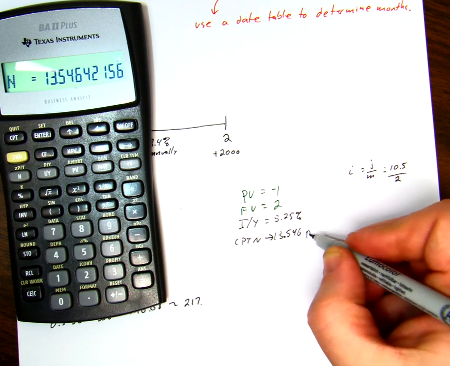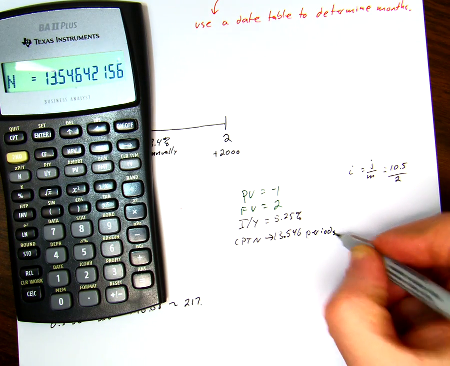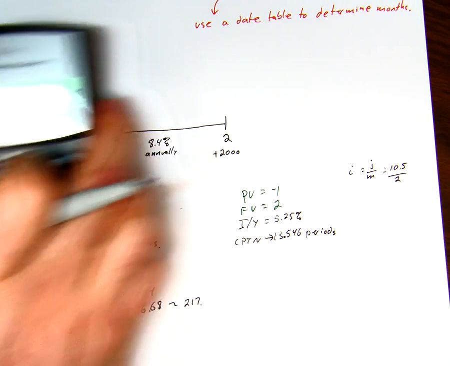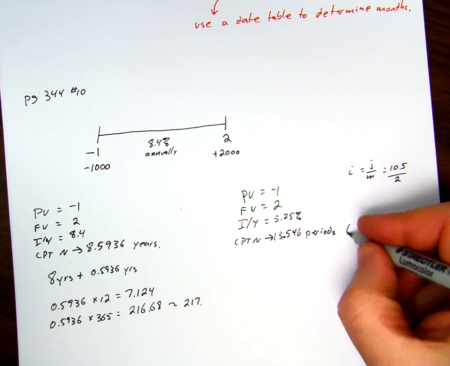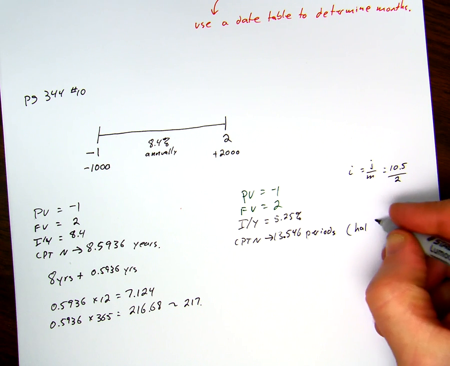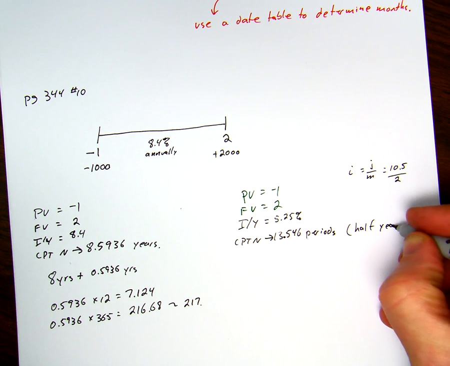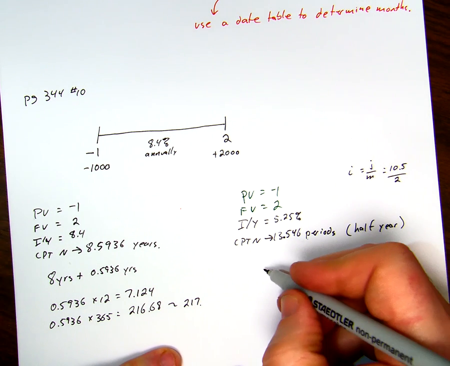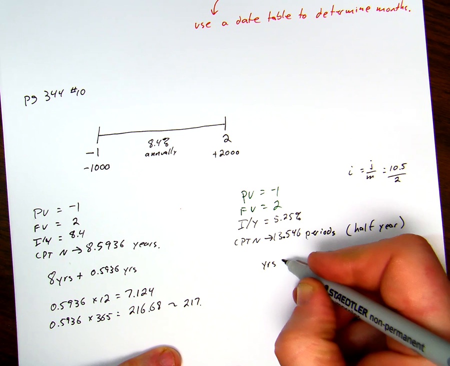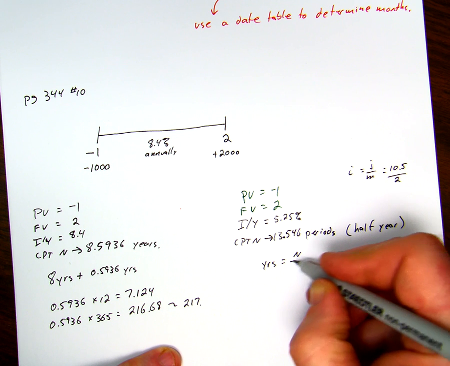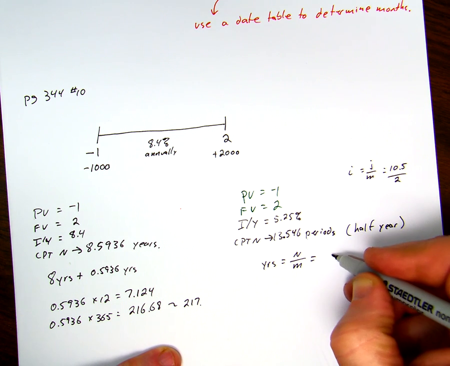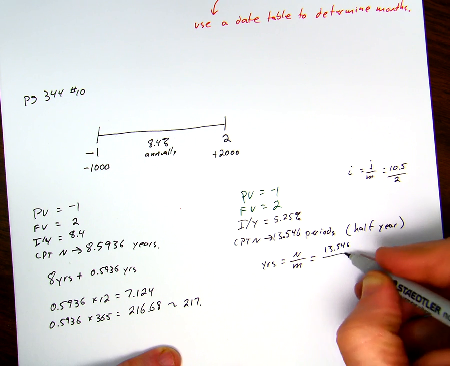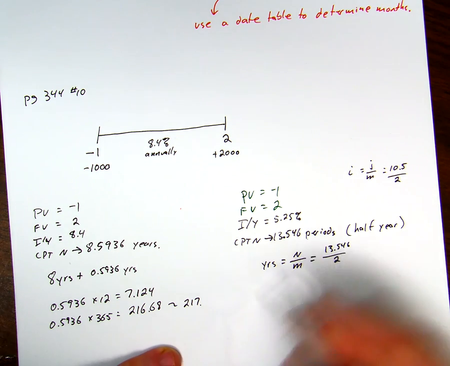Well, it seems like a longer amount of time than we had before. But these are half-year periods. So what we have to do is say years is equal to N over M. So this is 13.546 over 2 because it's twice per year.